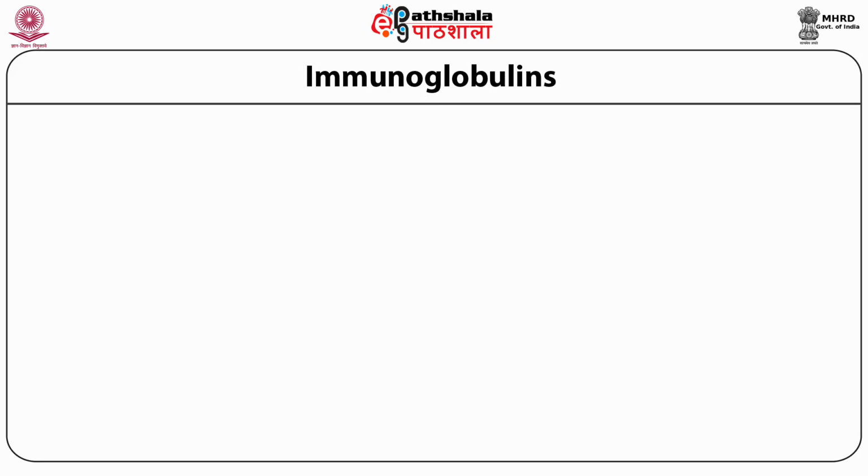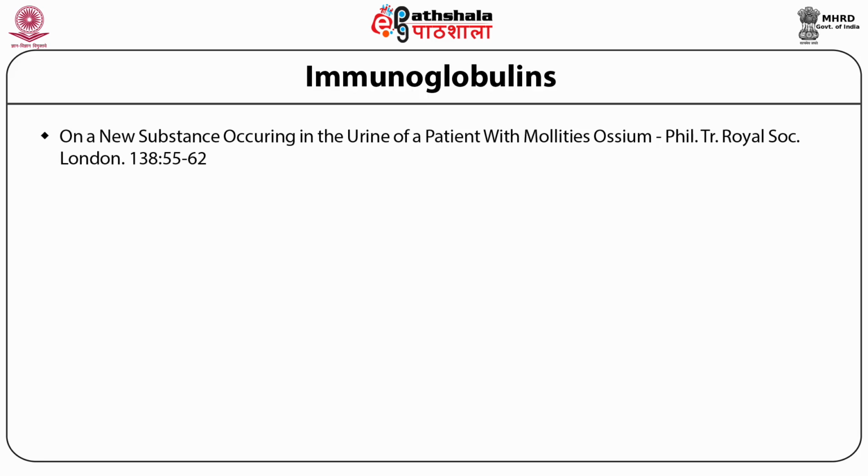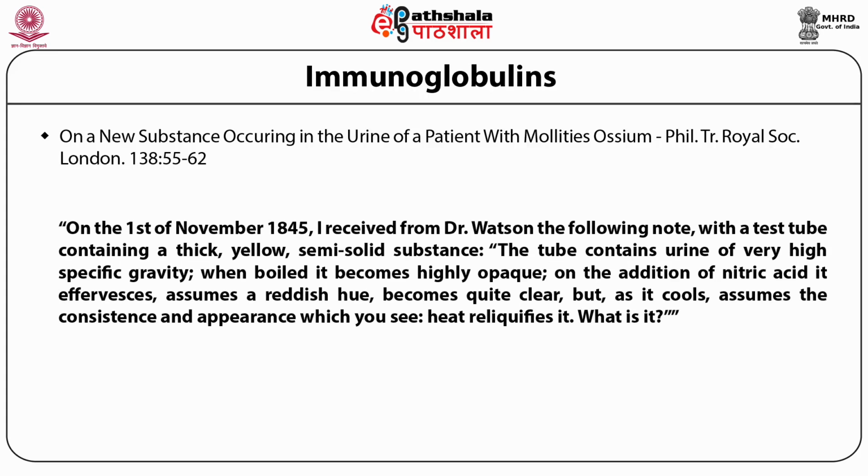We mentioned the importance of the Bence Jones proteins. Let us look at a little bit of history here. Philosophical Transactions of the Royal Society of London mention the following: on the 1st of November 1845, I received from Dr. Watson the following note with a test tube containing a thick yellow semi-solid substance.